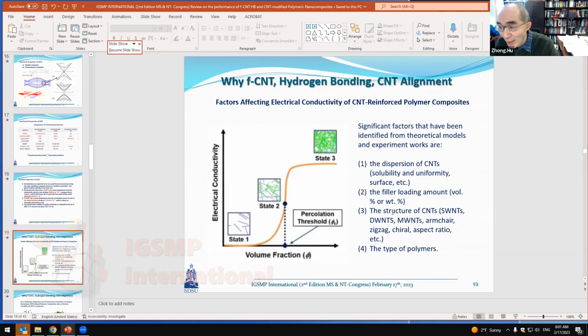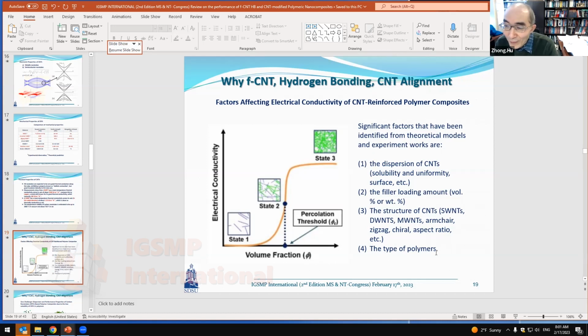And another one is, of course, the structure of the carbon nanotube. For example, you have single wall, double wall, multi-wall, and you have different chirality, for example armchair and zigzag, and also aspect ratio. So the length of the carbon nanotube relative to the radius will also influence. And of course, for the matrix, what type of polymer.